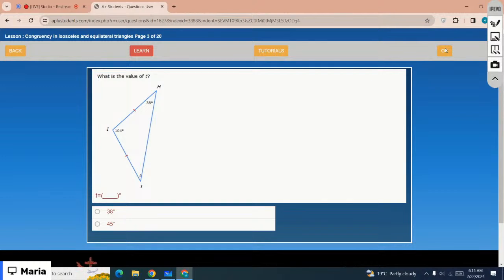So angle H is opposite to side IJ and angle T is opposite to side IH. That means the opposite angles are also equal. So if angle H is 38, angle J is also 38 degrees. The correct option is 38 degrees. Got it? The correct option is 38 degrees.